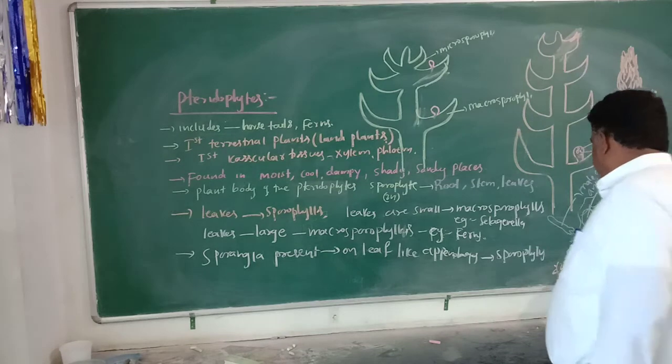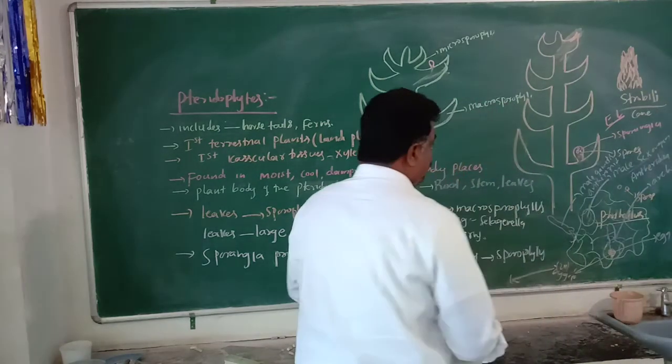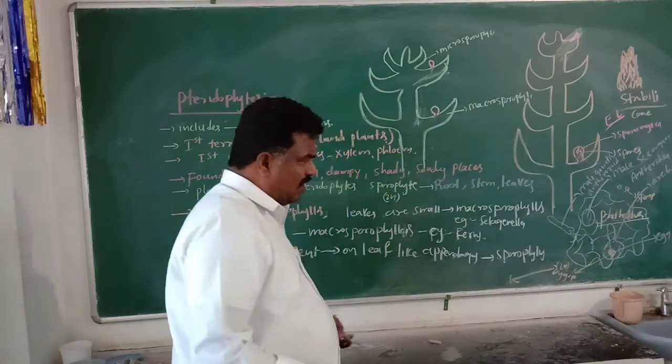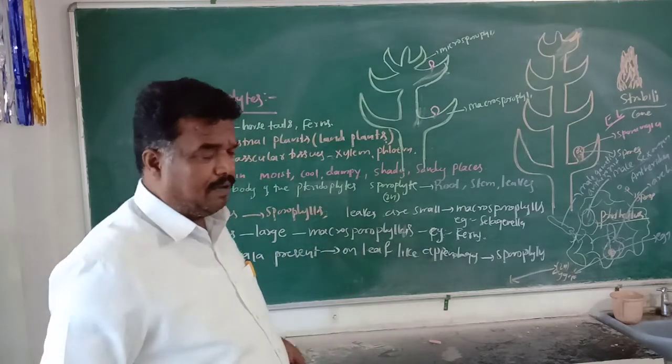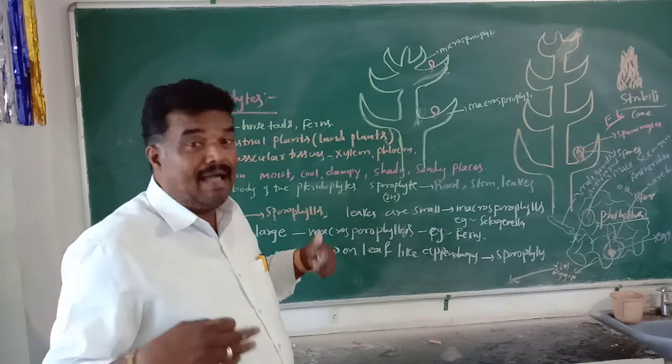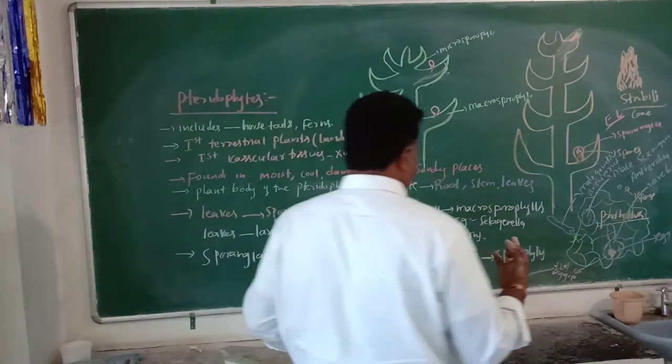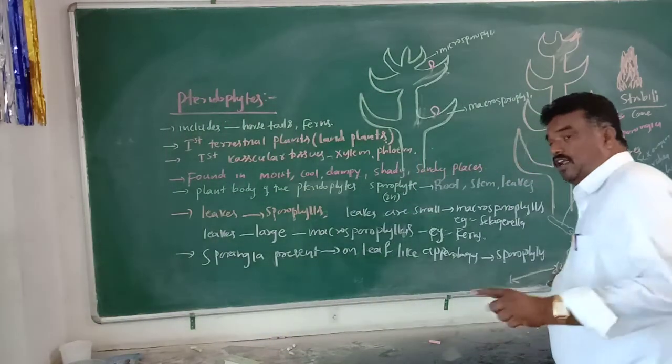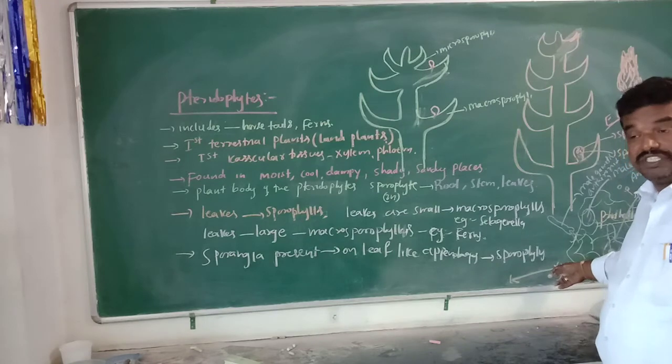Zygote is diploid. Now once again this zygote develops into what? Sorry, not gametophyte.